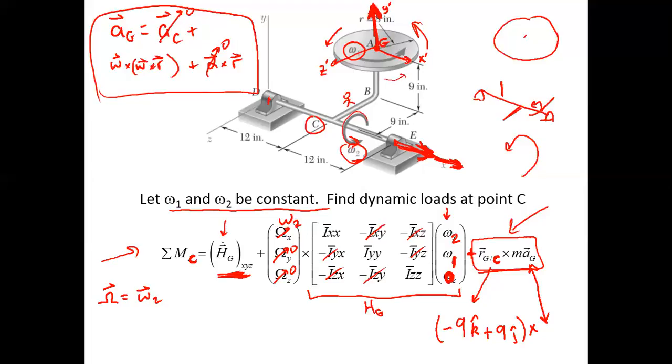Because this is rotating around, it's got an I. So the other part of my HG vector right here is going to be pointing straight up. Does that change as I rotate around like this? Does that change with respect to me? Is that still just pointing basically straight up, or is that changing direction at all?